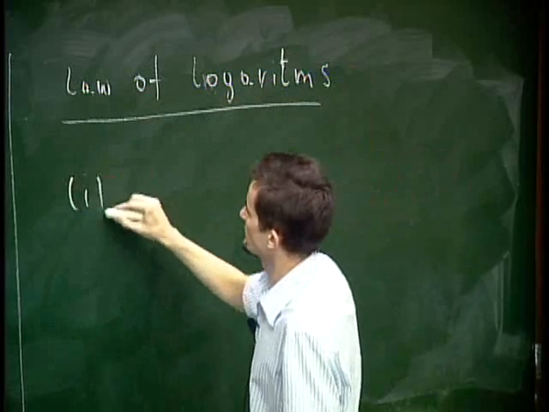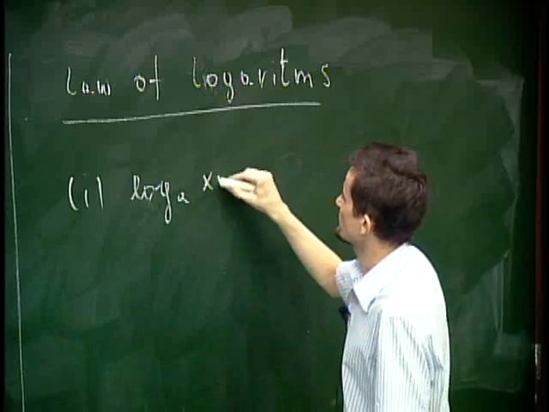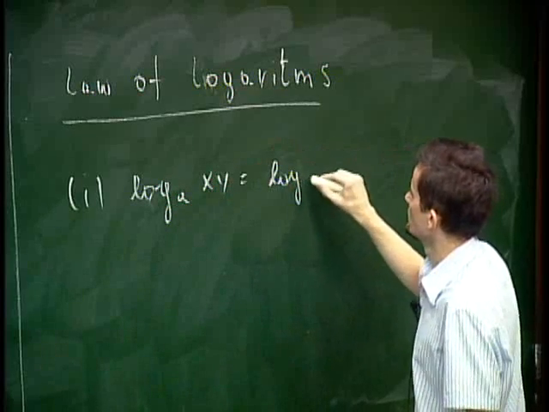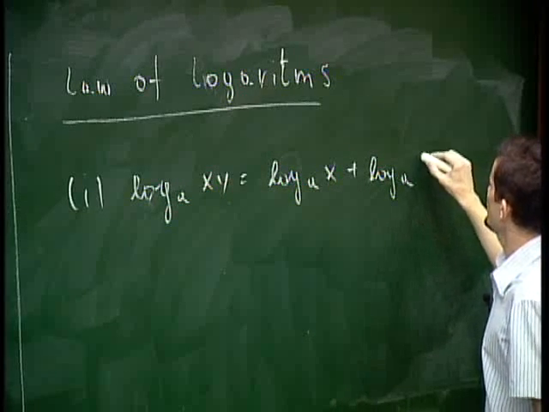Okay, so you have some basic laws like the logarithm with base a of x times y is equal to the logarithm with base a of x plus the logarithm with base a of y.